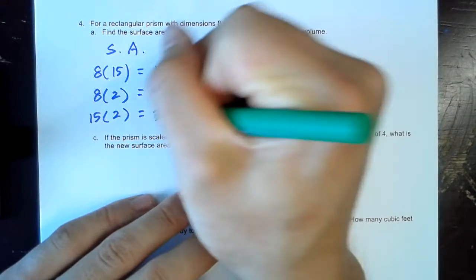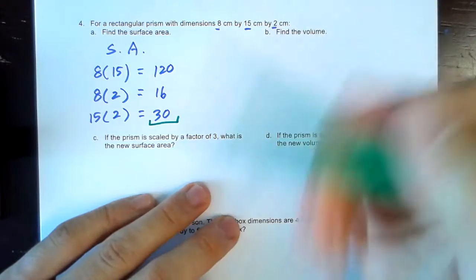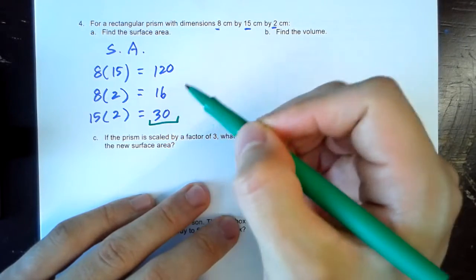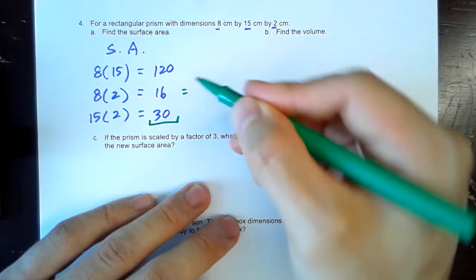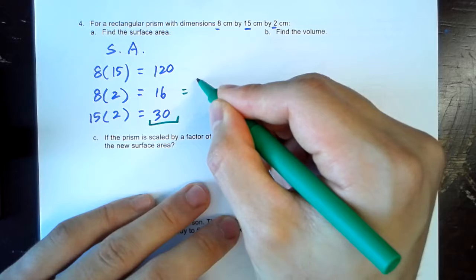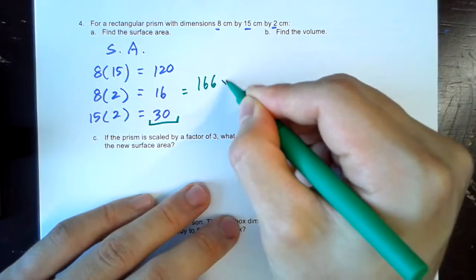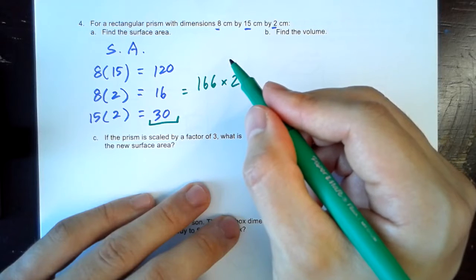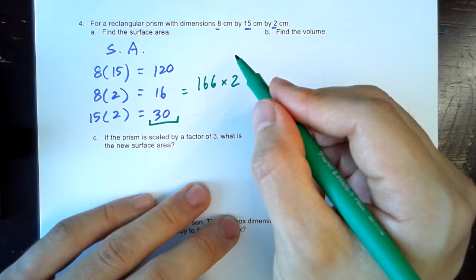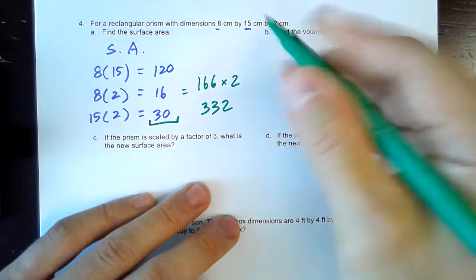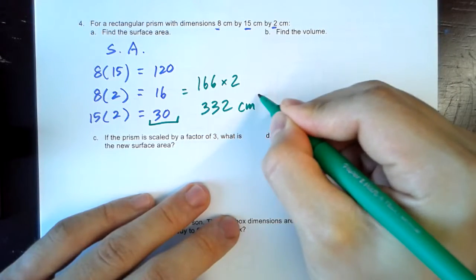So essentially, I'm going to add this all up, and then I'm going to have to double it after that. So 120 plus 46 is going to equal, is that 166? 166 times 2 to double it is going to give me, is that 16, and that's 32, so it's 332. And then you want to write centimeters squared.